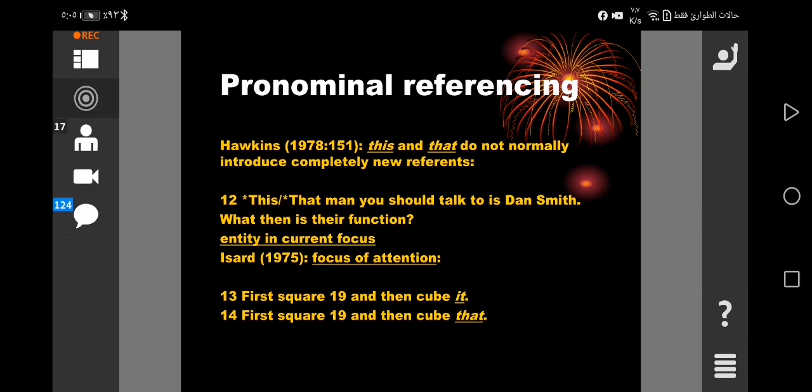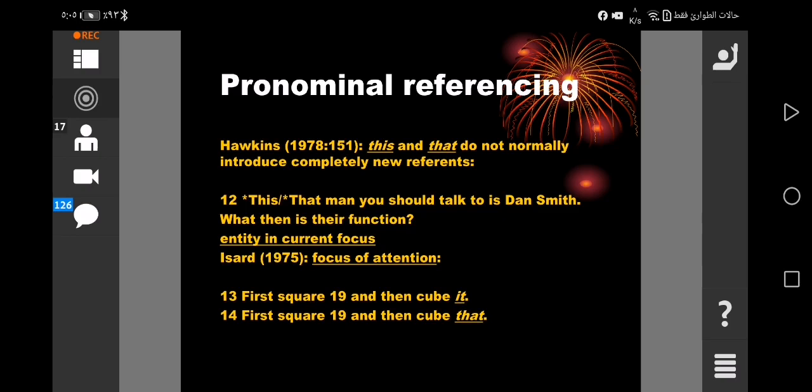First square 19 and then cube that. You know what a square is? Square is a verb here. First square 19. If you square 19, you mean you multiply 19 by 19.